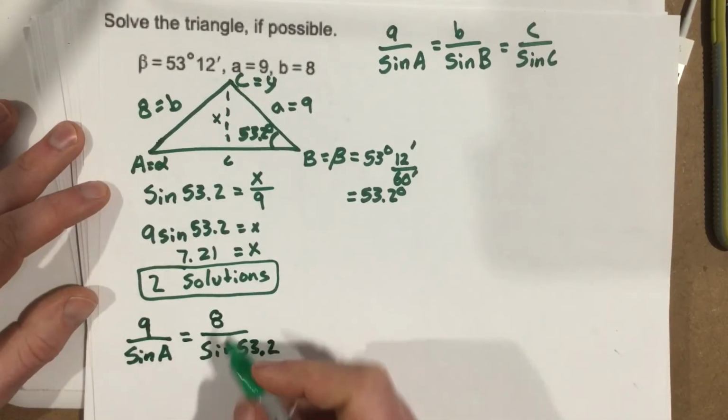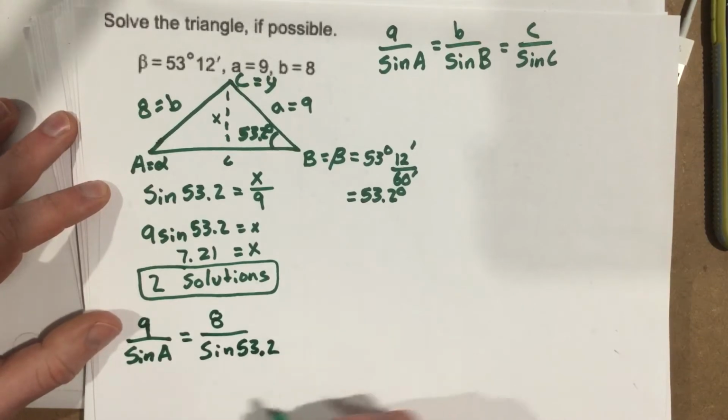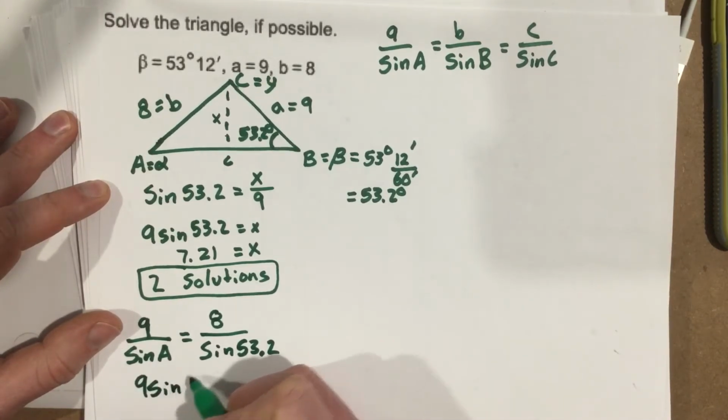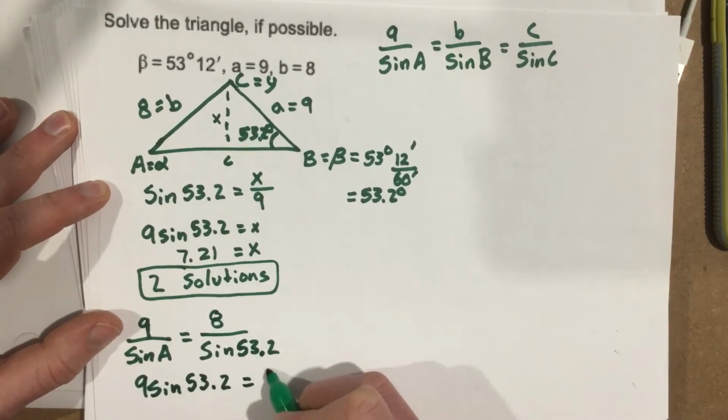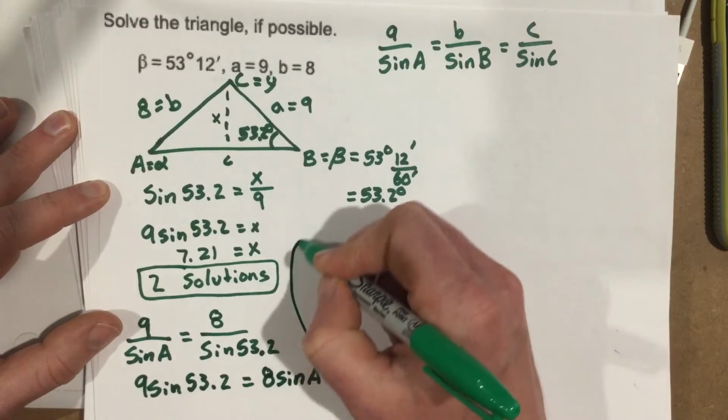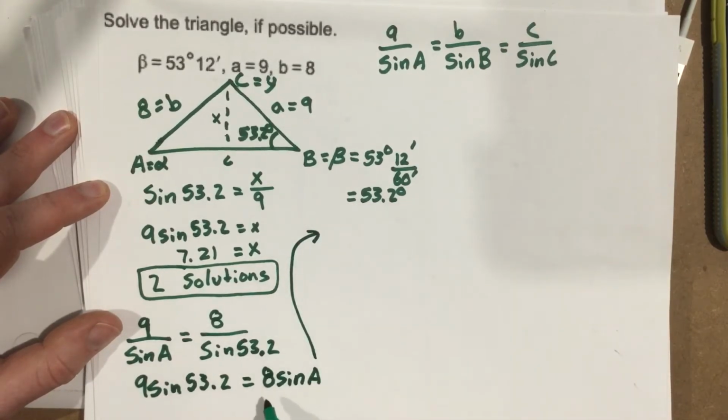And then we can do some cross multiplying here. When we cross multiply, we end up with 9 sine 53.2 equals 8 sine A. Okay, I'm going to just draw this up here. So then we're going to divide by 8.